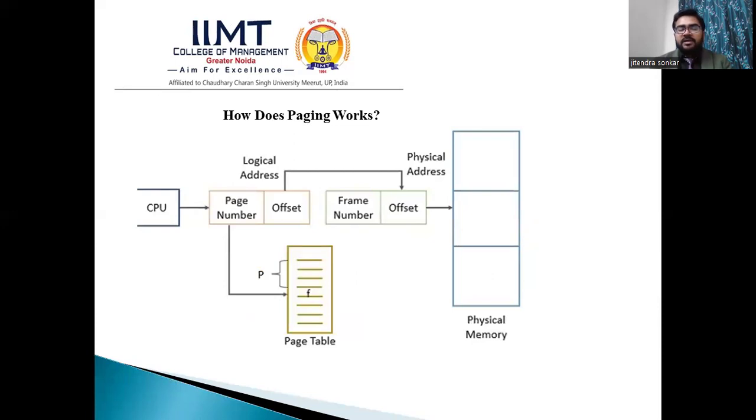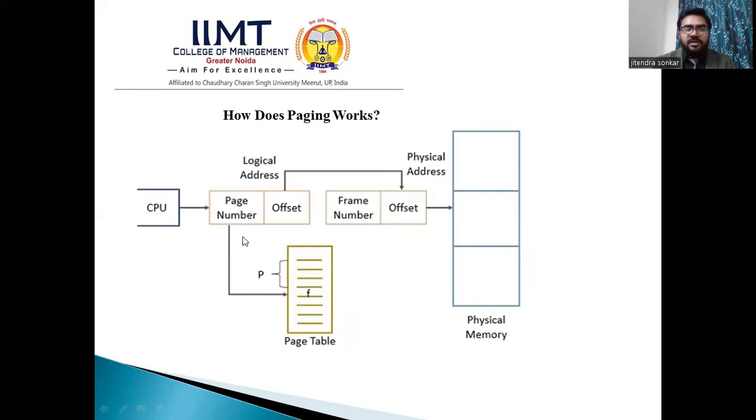Let us understand the working of paging by looking at the figure. The CPU generates the logical address. The logical address contains the page number and the page offset. Each process has a separate page table.